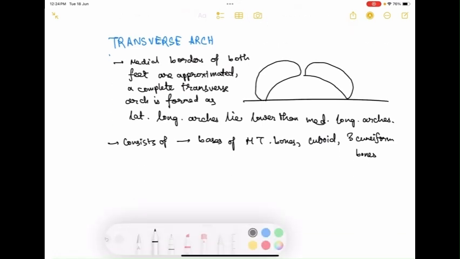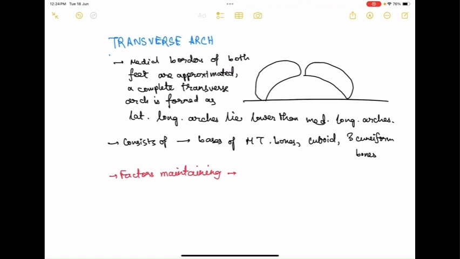Moving on to factors maintaining. Not much to write in the components over here, so let's just go on to factors maintaining. You should study factors maintaining separately and very carefully because it's a very important question. So let's go over to it.